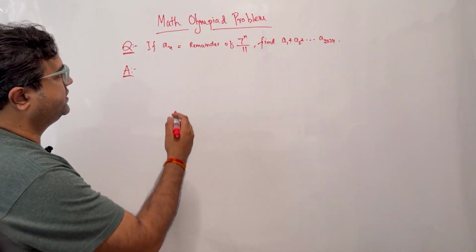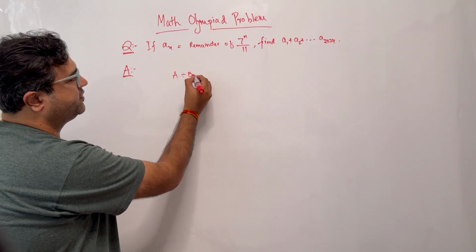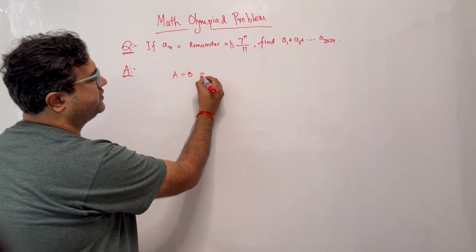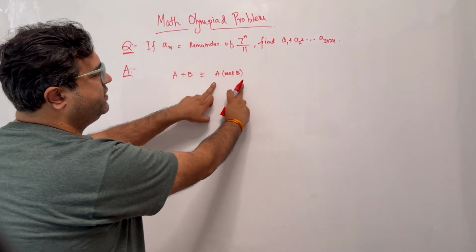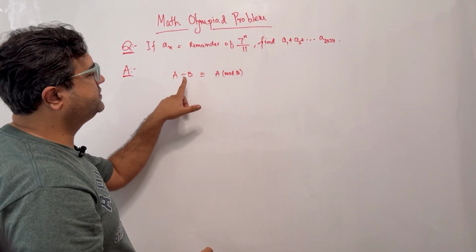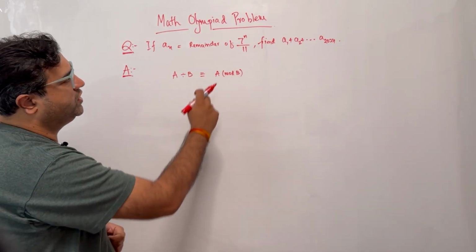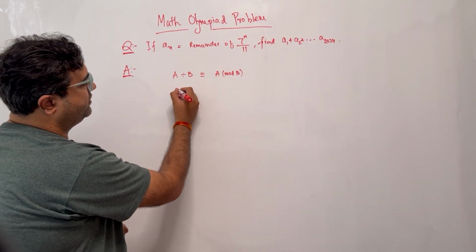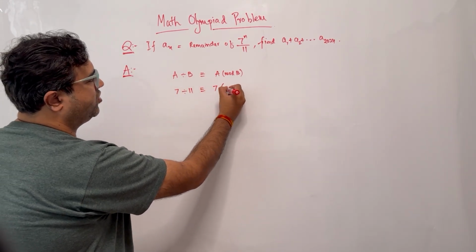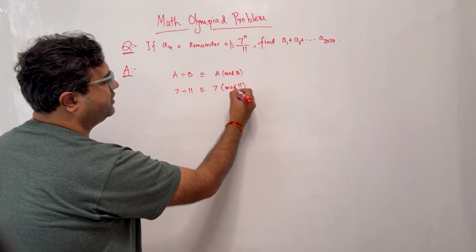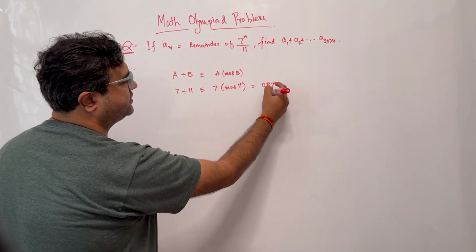So how it works is, let's say A is any number which is divided by B. When we have to find the remainder of A when it is divided by B, it is called A mod B. So in our problem, when 7 is divided by 11, we call it 7 mod 11, and actually it is 0 remainder 7, right?